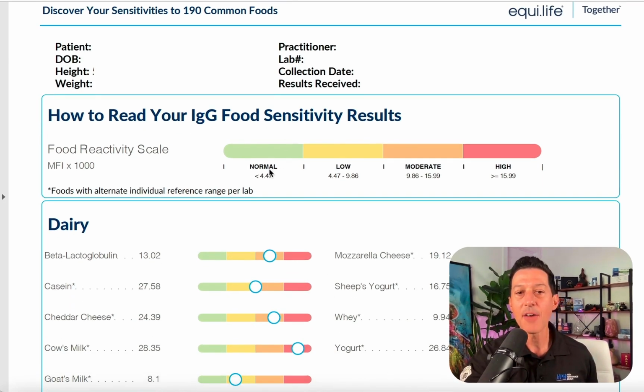The white circle inside of the green is a normal immune reaction, meaning your body's going to have a slight reaction to foreign bodies put inside of it, and that would be your foods. A low reaction would show a low food sensitivity reaction. That means your immune system, your immunoglobulin G, so a white blood cell, IgG, is reacting to that food that you ate. Then a moderate reaction would be in the orange, and a larger reaction would be in the red.